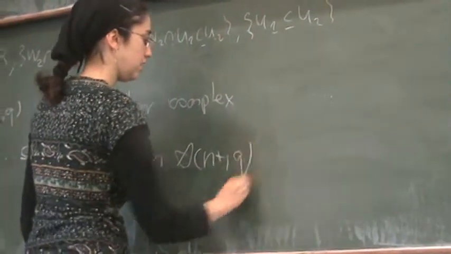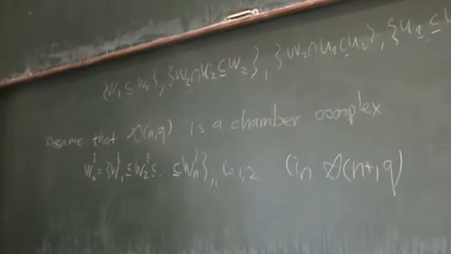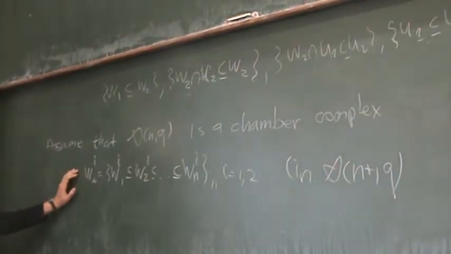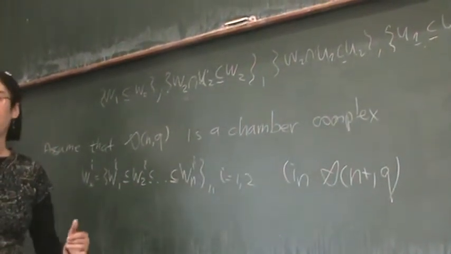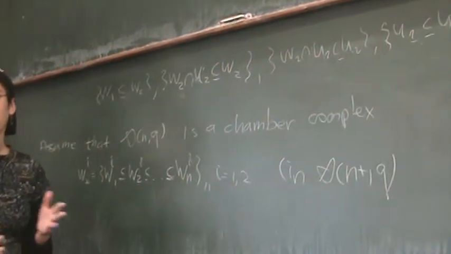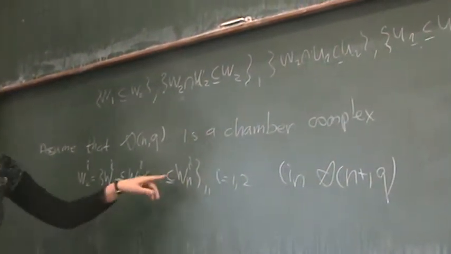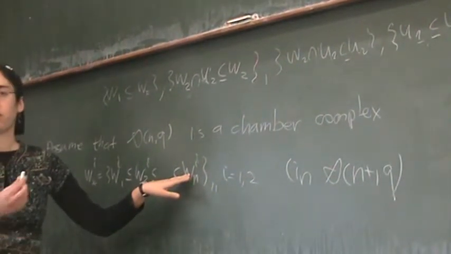This is the induction assumption. Ah, induction, okay. So now we take two chambers in the next level. And if we shorten it by 1, we get a chamber in the previous one. And we have to use an identification of the last one with F_Q^n.